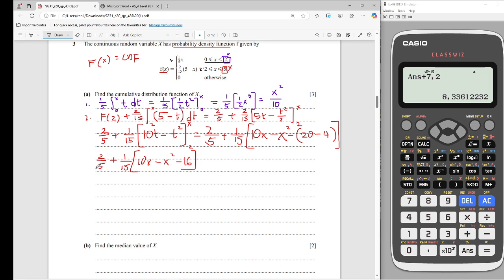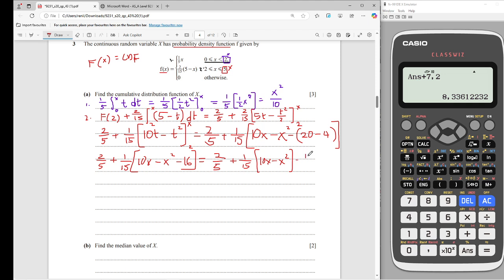And while this is the correct answer, we can simplify this even further, right? So we can put 2 by 5 here, this stays there, plus 1 by 15, and right here 10x minus x squared, and we close bracket because now we are multiplying out this negative 16 with 1 by 15.